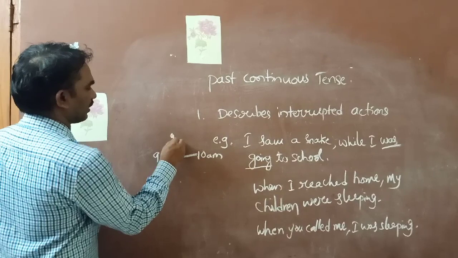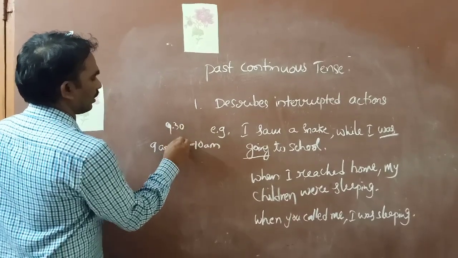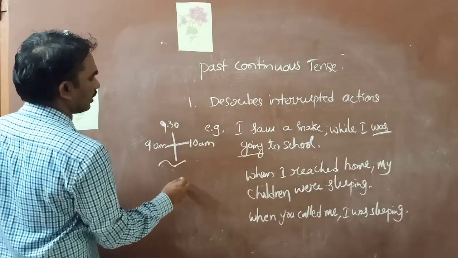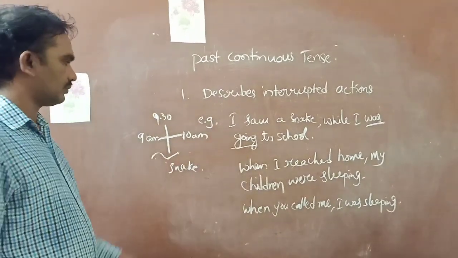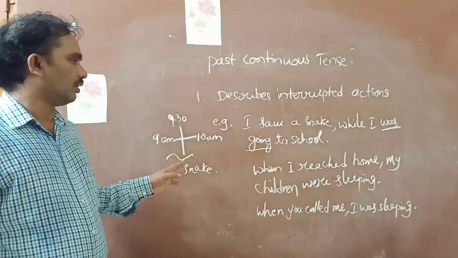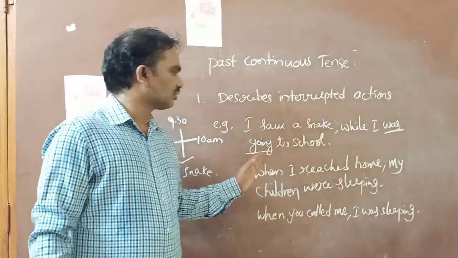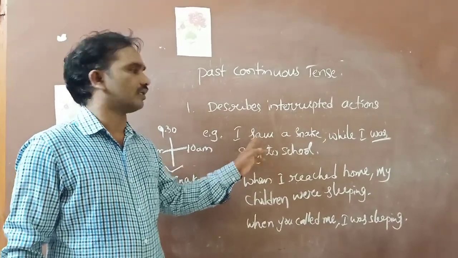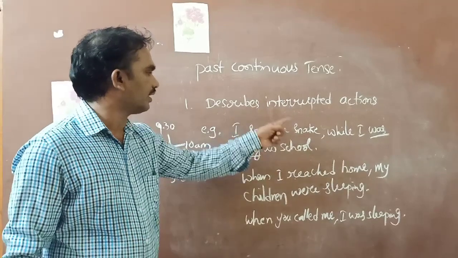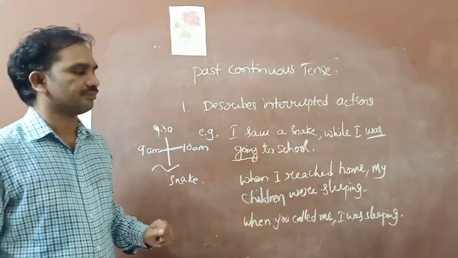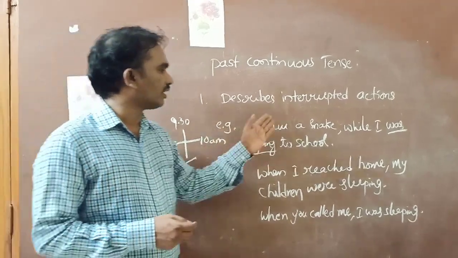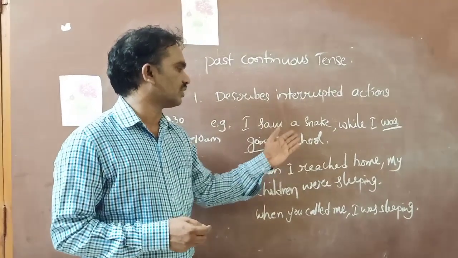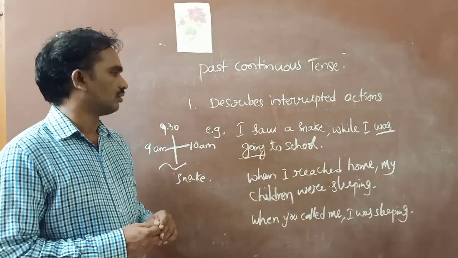At 9:30, I saw a snake. It happened in the middle. So here, while I was going to school, I saw a snake. Seeing a snake is an interrupted action. If there is no interrupted action, you have to say I went to school.